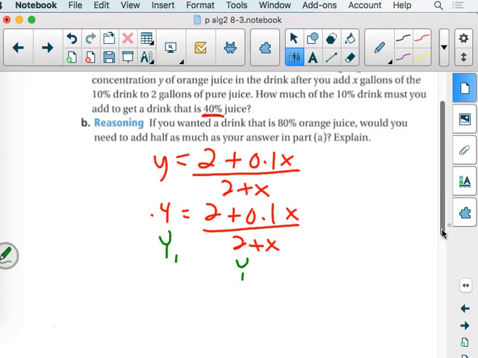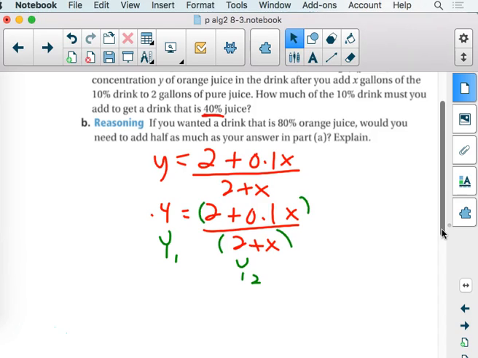So y sub 1 and y sub 2. And we'll see what we get. Alrighty, so y equals 0.4. And then parentheses 2 plus 0.1x parentheses divided by parentheses 2 plus x parentheses.